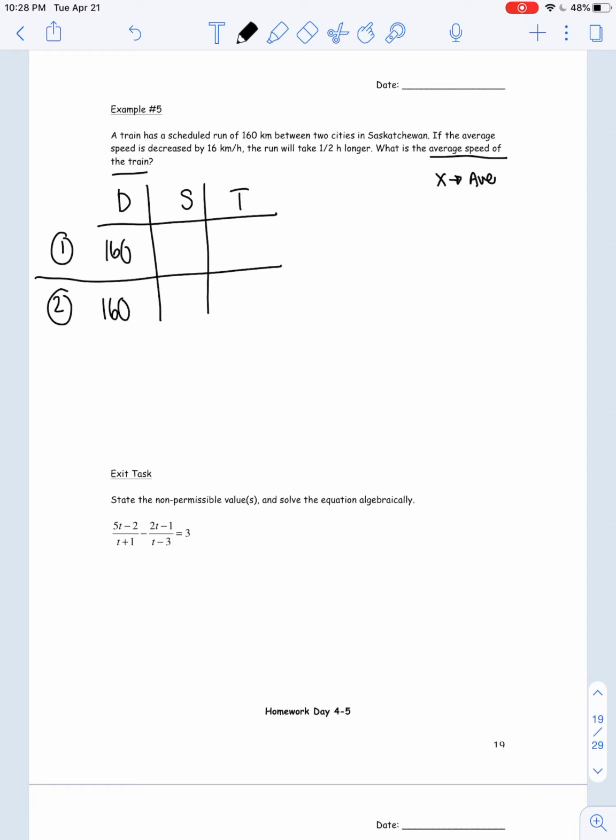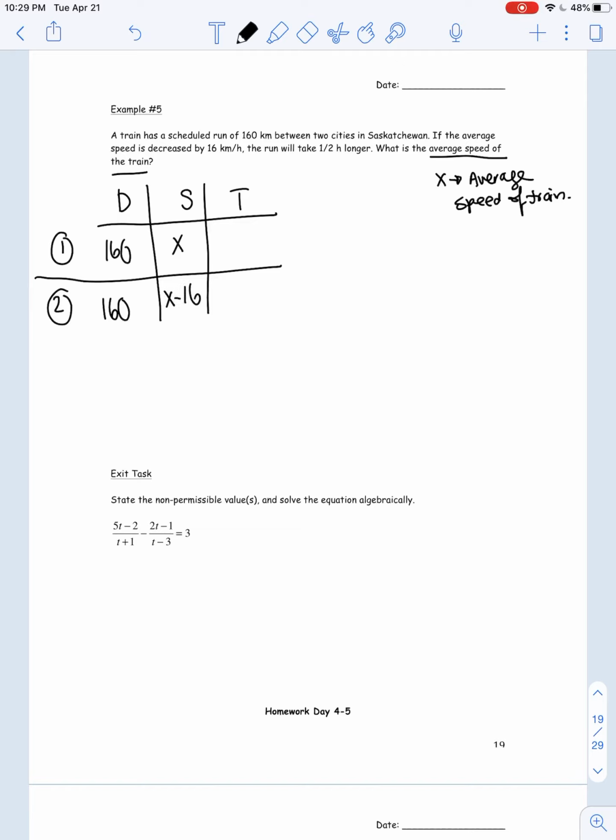X will represent the average speed of the train. So whatever your question is, whatever you're trying to find should be your variable. So that means if I go between the 2 cities, our average speed is going to be x. And then our second time we go, maybe we are decreasing our speed by 16 kilometers per hour.